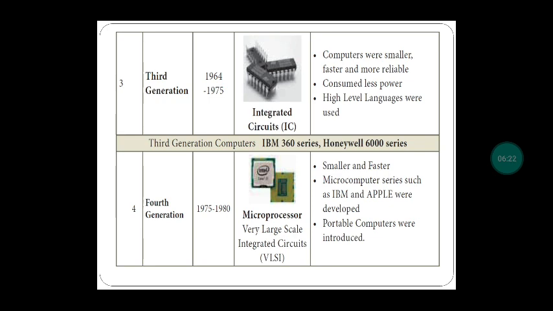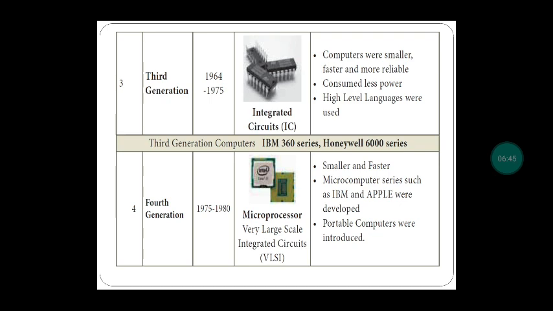In the fourth generation, the years are 1975 to 1980. In this generation, the microprocessor was used as the main component, that is VLSI. Thousands of ICs were used to design the microprocessor.